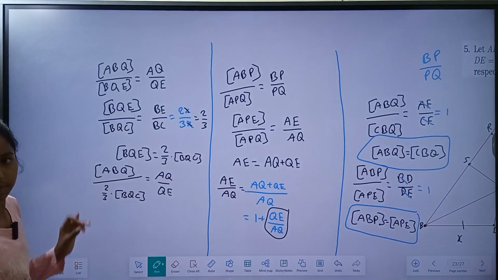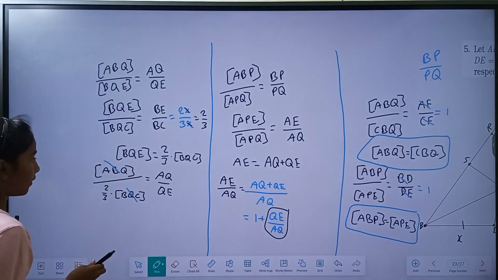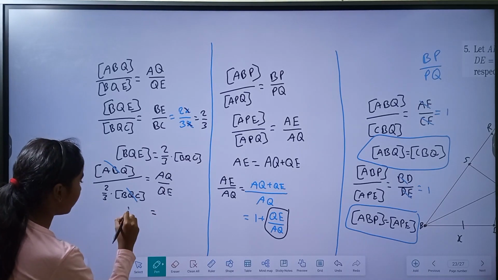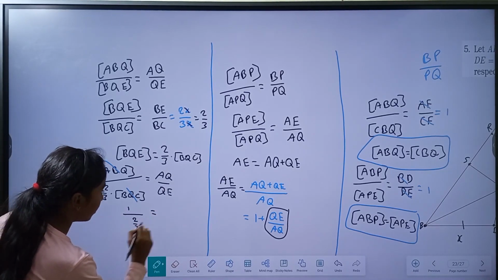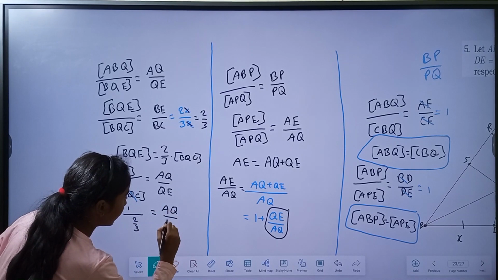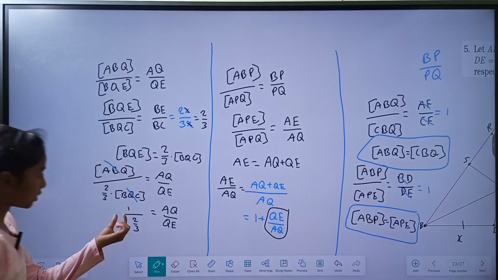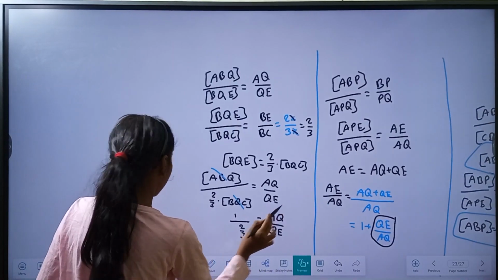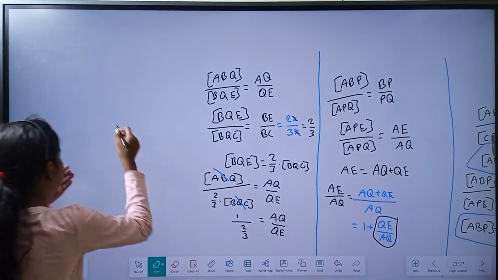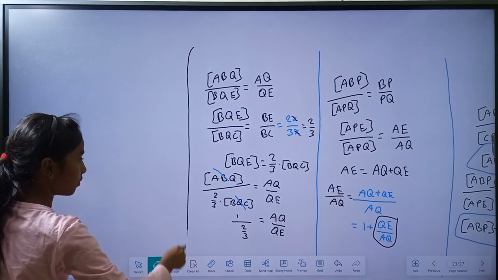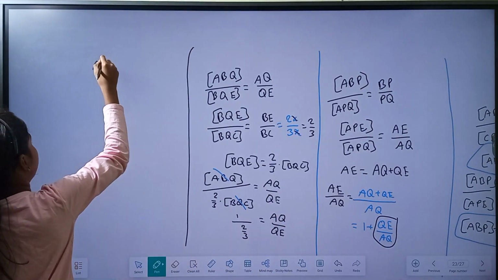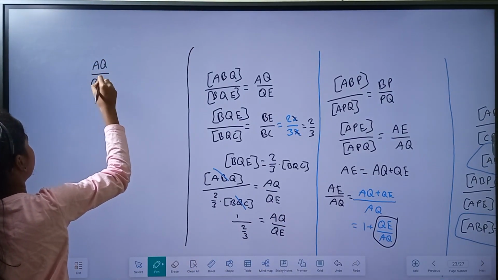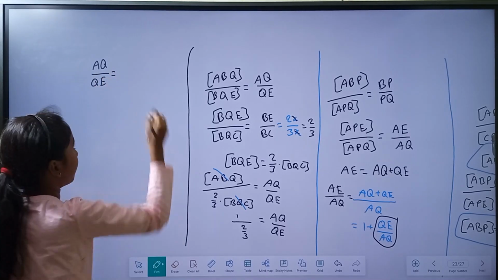So we can cancel them, and we get 1 divided by 2 by 3 equals AQ divided by QE, which is 3 by 2. So AQ divided by QE equals 3 by 2.